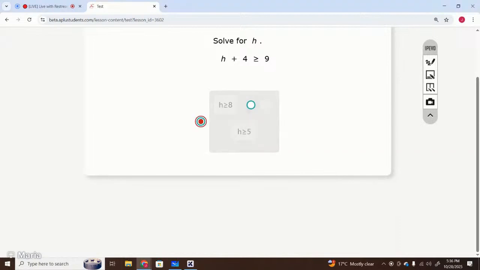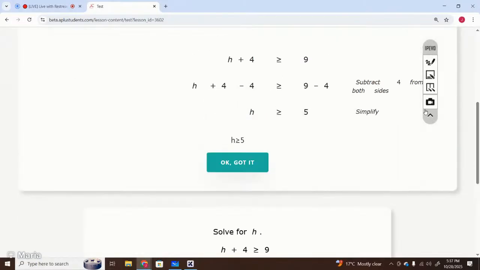Option number 2 is the correct option. That is 5. I selected the wrong option actually.